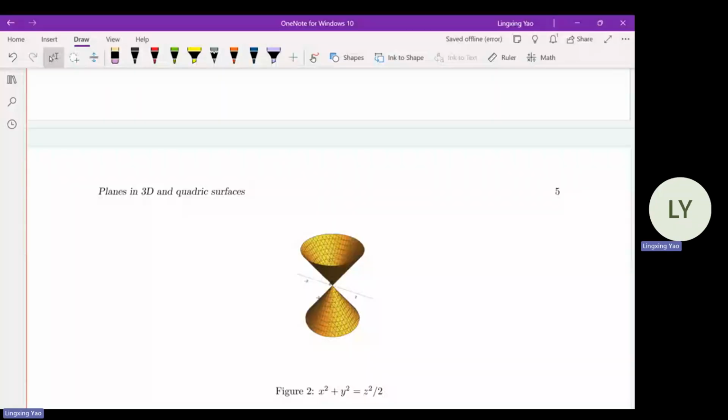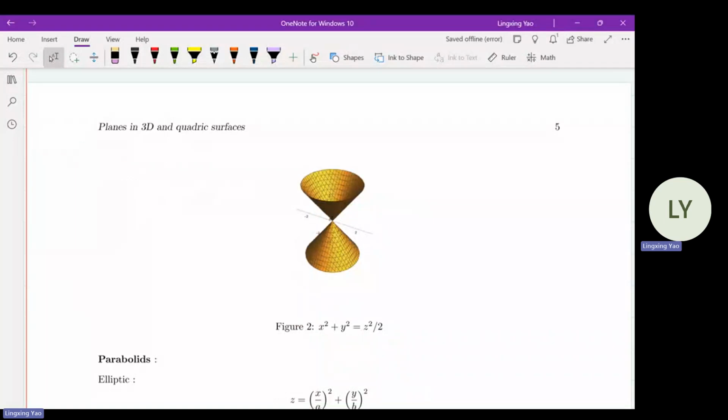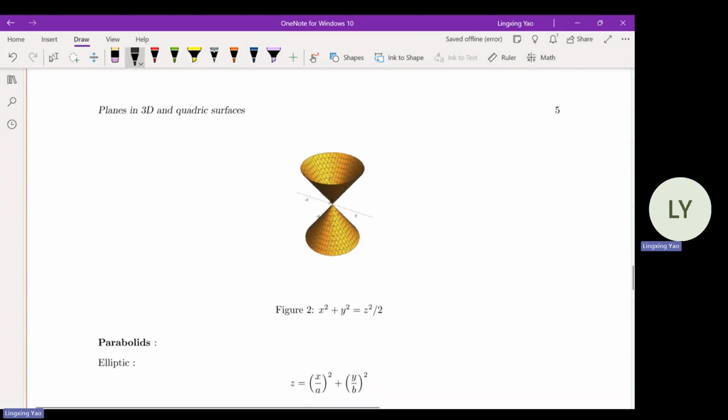Okay, let's continue our discussion of those quadric surfaces. As I said, we do not really ask you to remember the correspondence between the equation and the surfaces. But for some of those special ones, it's better to have some idea of what the equation is representing.